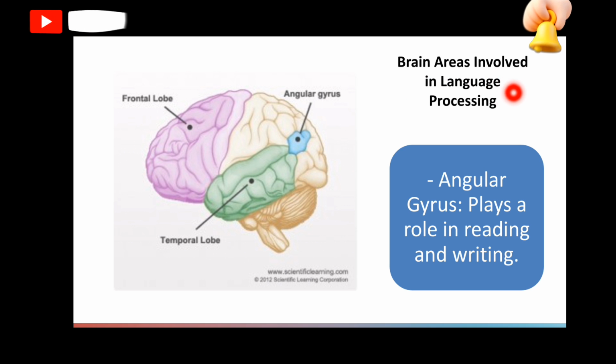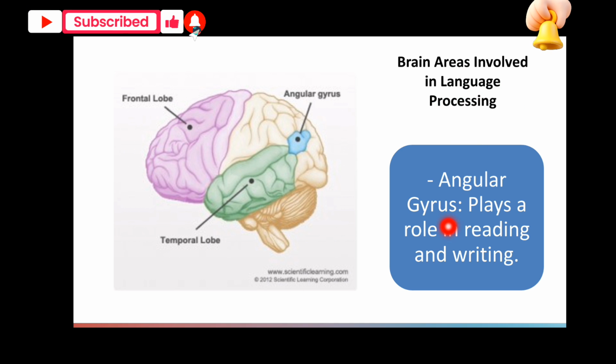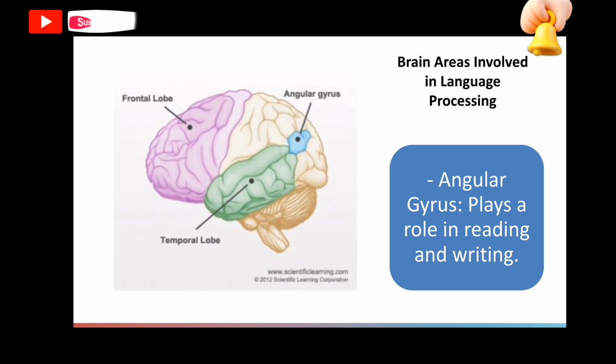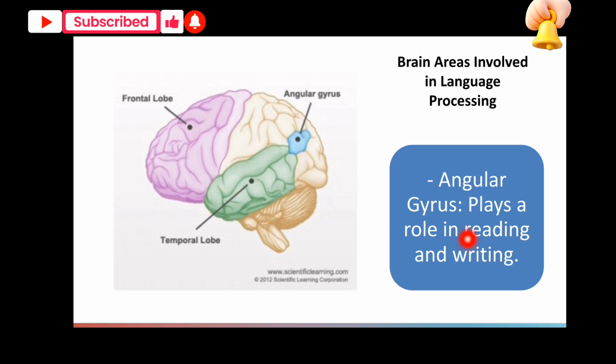Now, another brain area involved in language processing is called the angular gyrus. The angular gyrus plays a role in reading and writing. So this is another part of your brain which is involved when you read something and write something. If this part is working properly, you will be able to read and write.